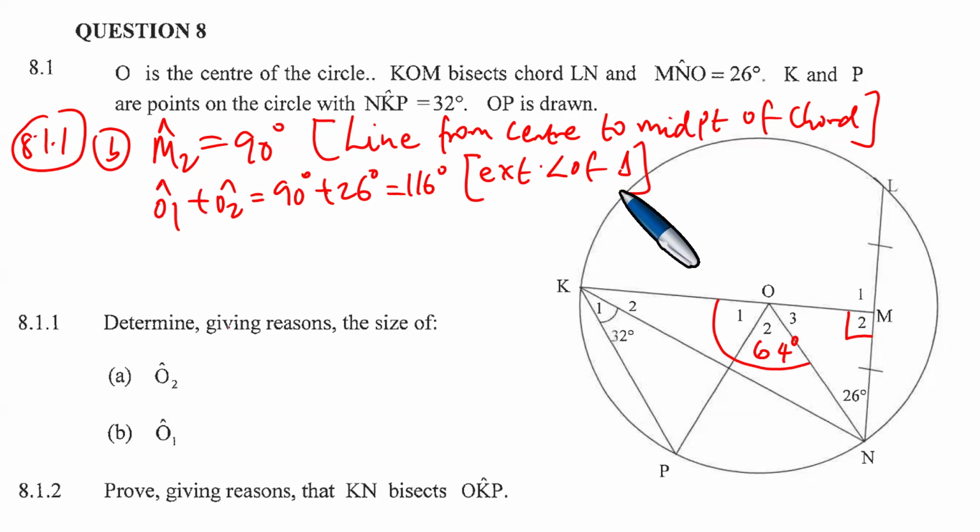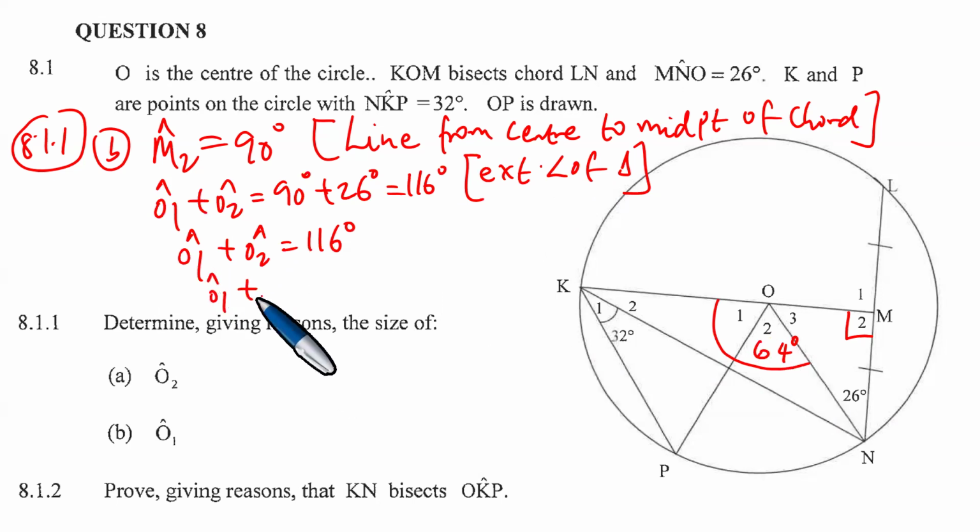And then we have the implication that angle O1 plus angle O2 is 116 degrees. But moreover, we have that angle O2 already is 64 degrees, so that we have O1 plus 64 degrees equals 116 degrees, which means that angle O1 is 116 degrees minus 64 degrees.